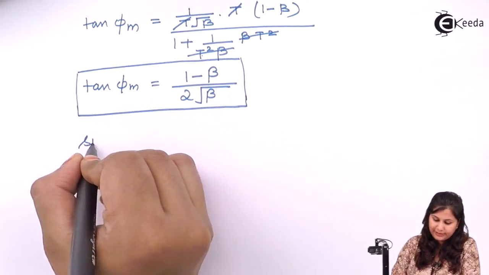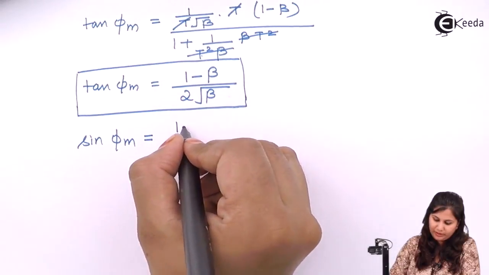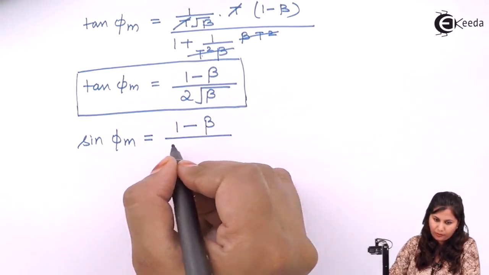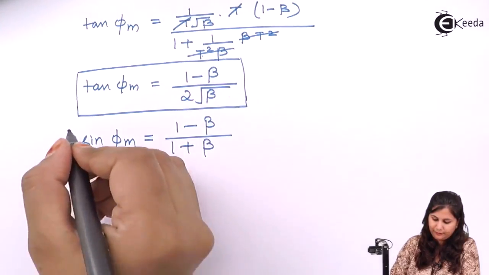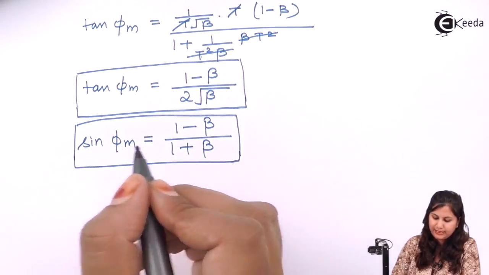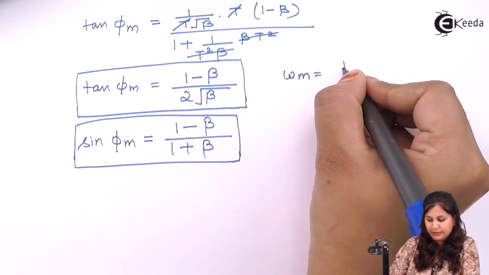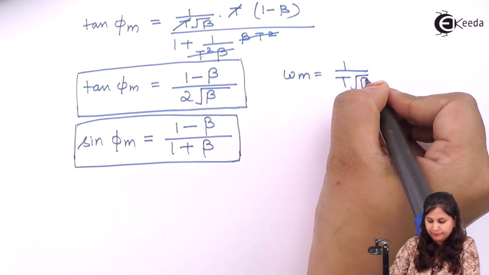Now if we calculate sin phi m from this, then its value will be 1 minus beta upon 1 plus beta. Again we will have all the formulas like tan phi m, sin phi m, then omega m, it is 1 upon t root beta.